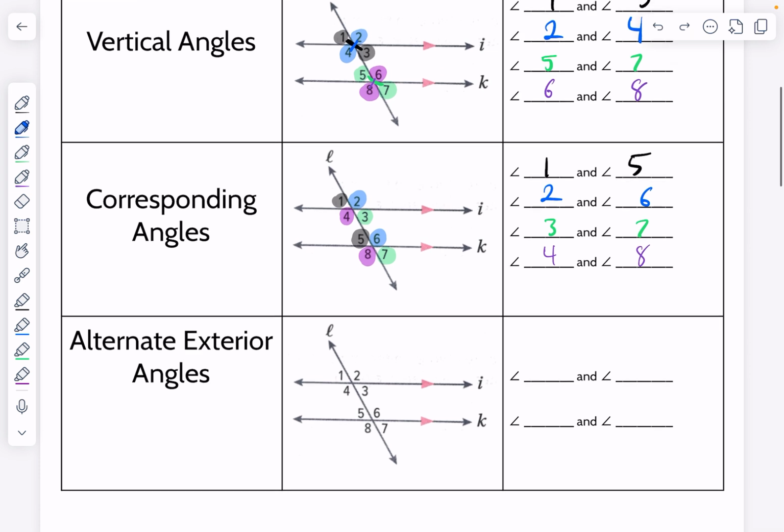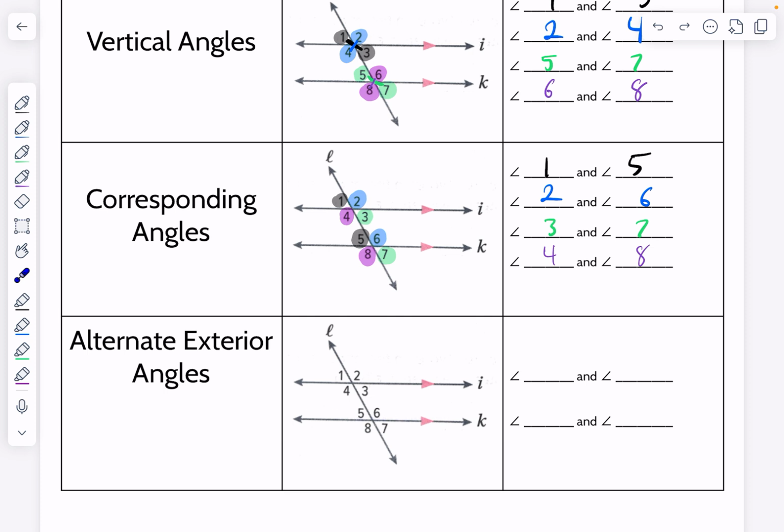Now we're going to talk about alternate exterior angles. Now exterior, we know means on the outside. So the outside is here and here. The inside is here. Think of it kind of like a sandwich. We're not going to be in the inside for alternate exterior angles.